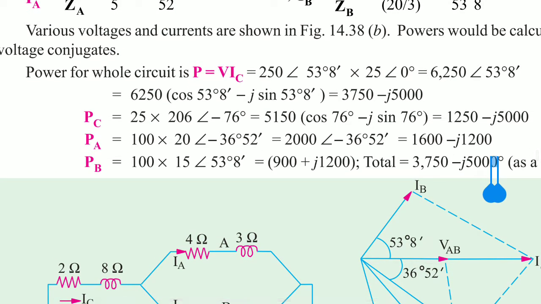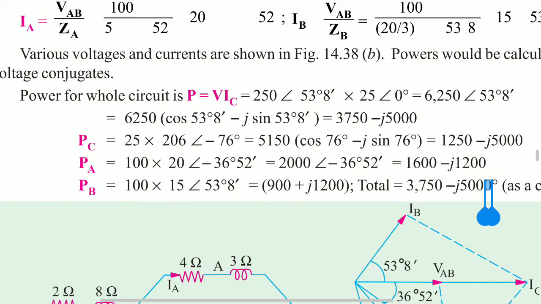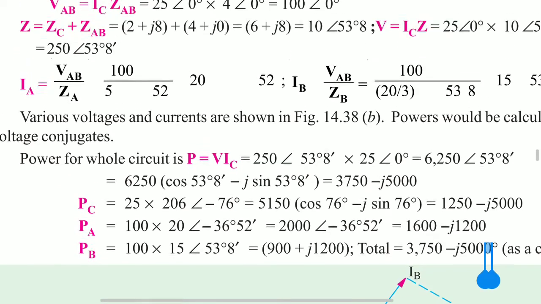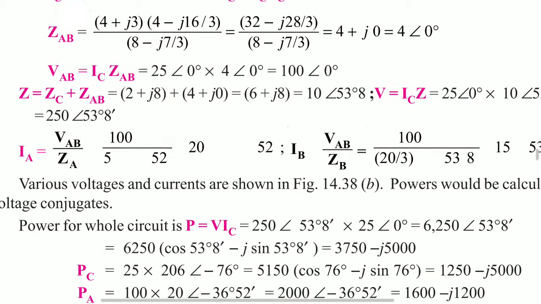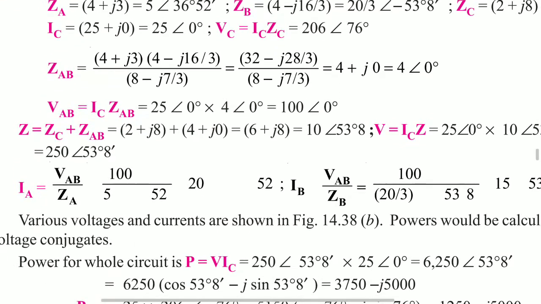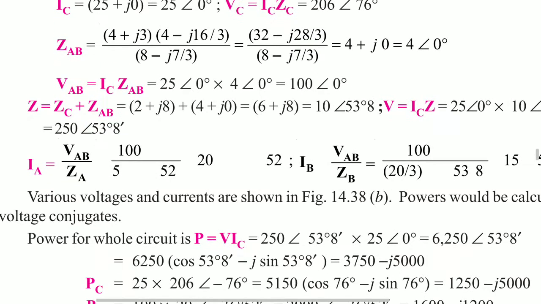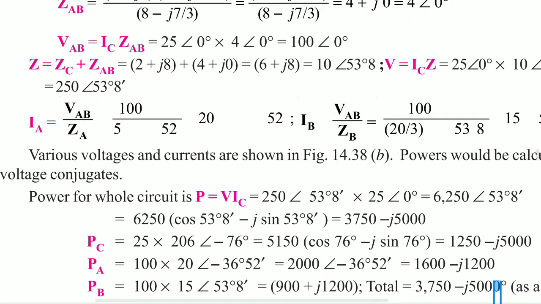Now in the series circuit, that means branch C, the power PC is equal to voltage into current. Voltage is VC, 206 angle of 76 degrees, and current is 25 angle of 0 degrees.